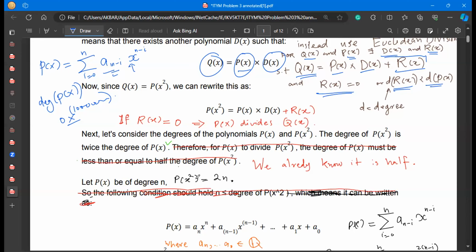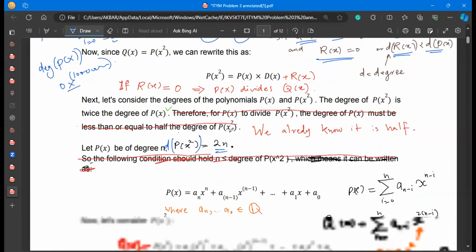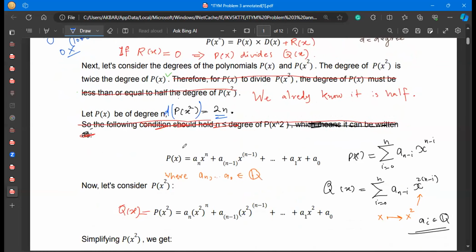By this line I mean that the degree of p of x squared is twice the degree of p of x, because we are writing the polynomial in this form, and this is the degree because we start by taking a n non-zero. A n should be non-zero just to make sure that the degree is n, and all the coefficients are rational numbers.